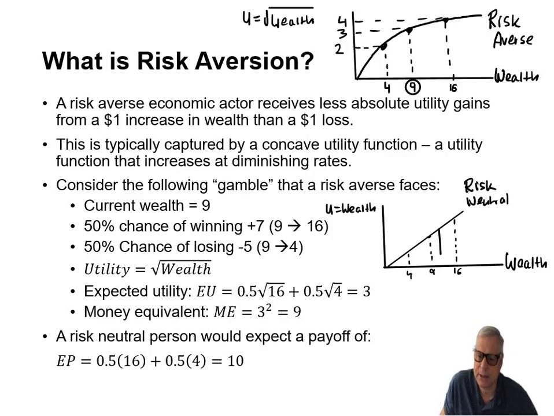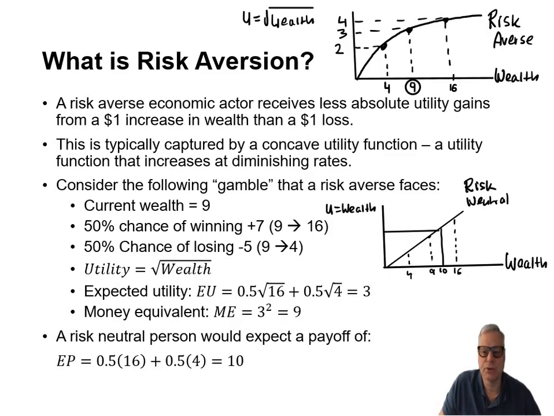So the expected payoff is 10. So in other words, the risk neutral individual has a higher expected payoff from such a gamble.